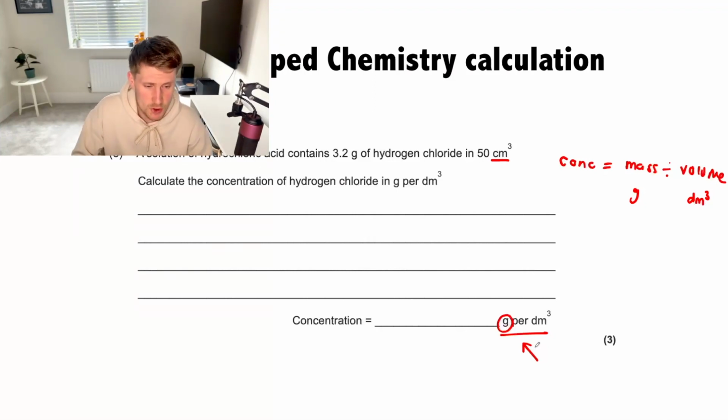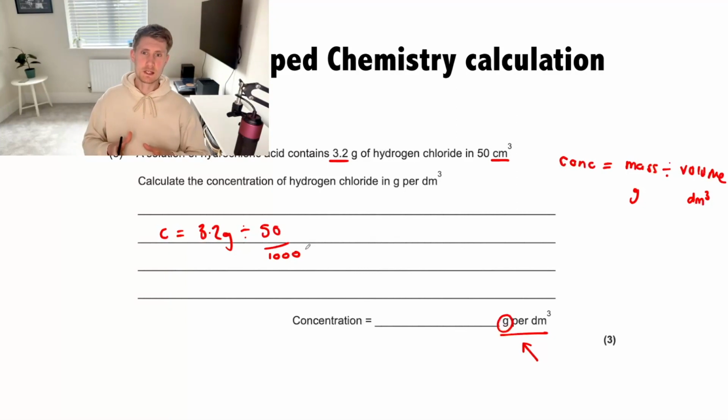Now we need to put in some numbers. So concentration equals mass, so 3.2 grams, and we need to divide it by our volume in decimeters cubed. So we're going to divide that by 50 over 1,000. Now to go from centimeters cubed to decimeters cubed is divide by 1,000, and decimeters cubed to centimeters cubed is multiply by 1,000.